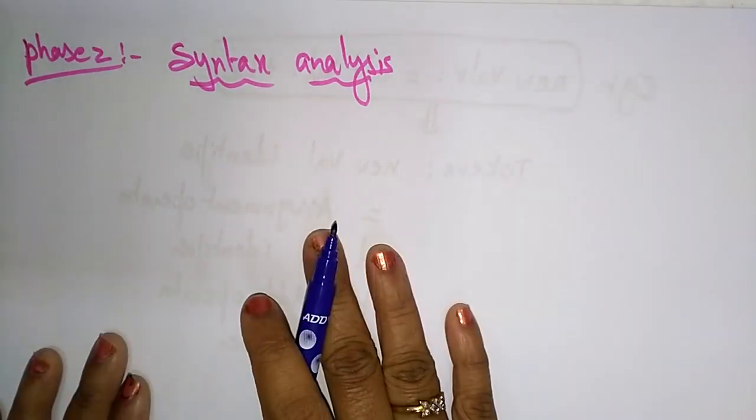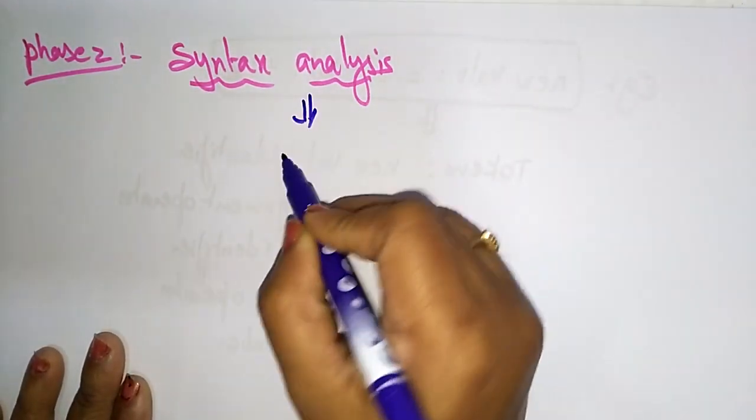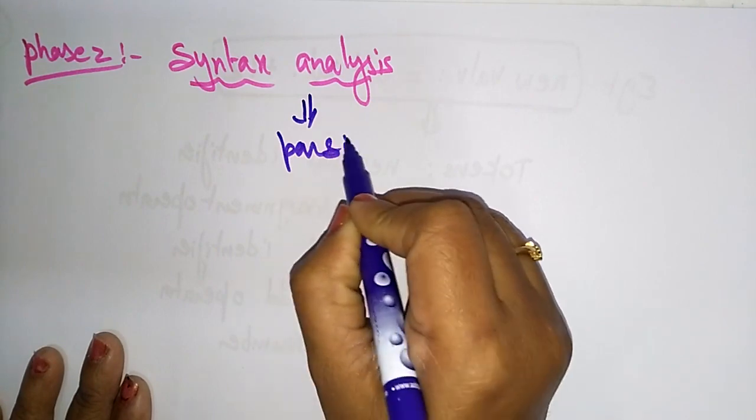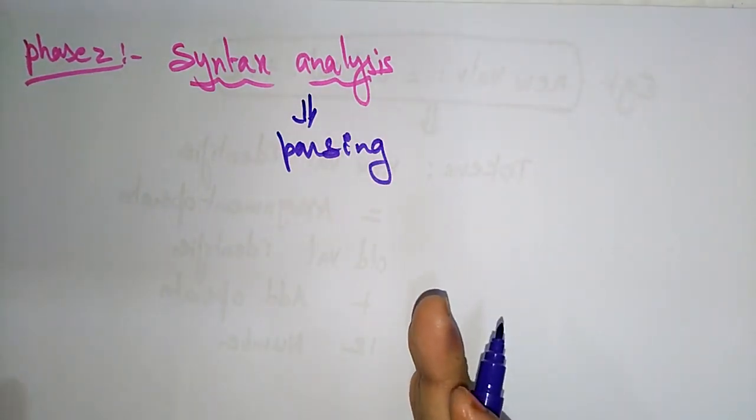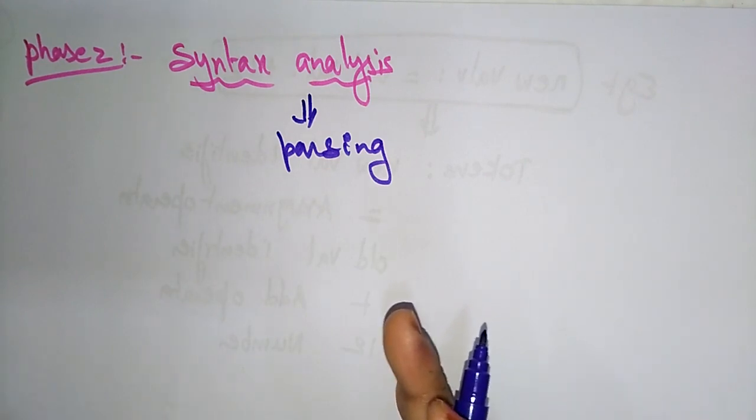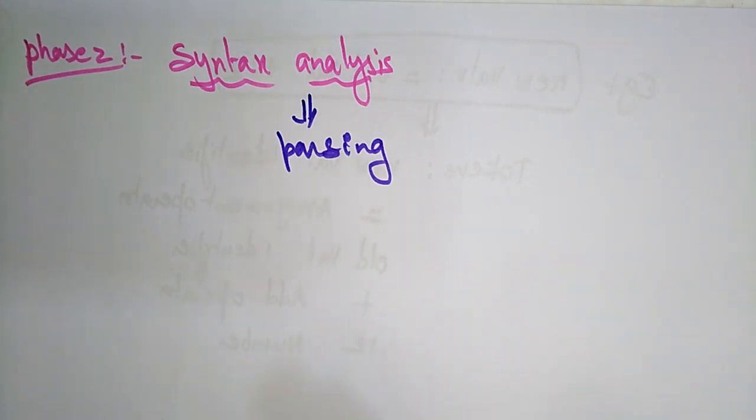This syntax analysis is also called parsing. In this phase, expressions, statements, declarations, etc. are identified by using the result of lexical analysis. So whatever tokens you have taken from the lexical analysis, the expressions, statements, declarations are identified in those tokens.